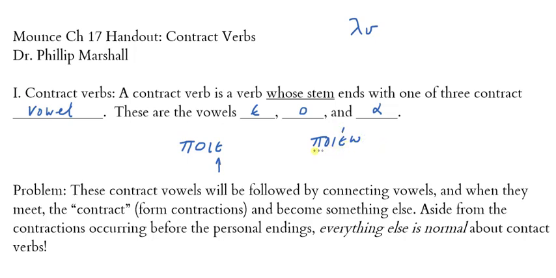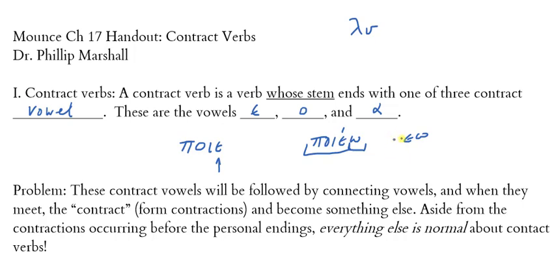Now, the lexical form gives you the stem followed by the omega that you're accustomed to seeing on first-person singular forms. And if you've got a contract verb, you're going to drop the omega on the lexical form and you're left with the stem. So poie-o. I like to refer to those as eo verbs.